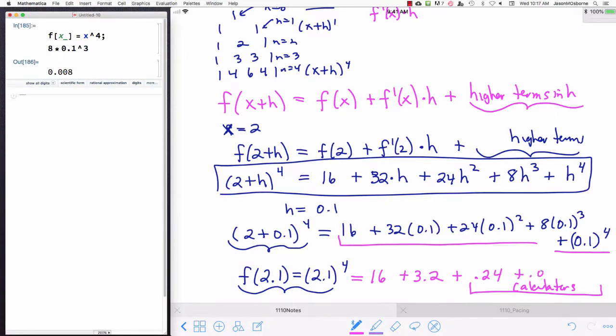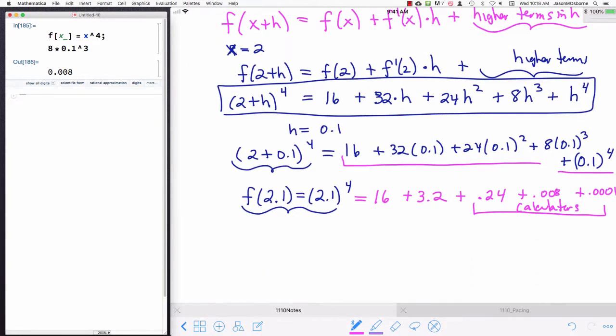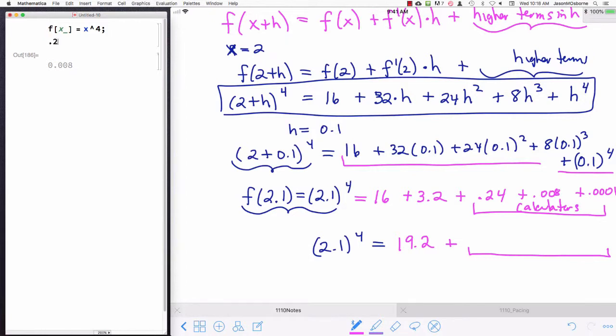And then 0.1 to the fourth is 0.0001. So now this formula on the right tells us that 2.1 to the fourth power is equal to 16 plus 3.2, which is 19.2, plus some extra stuff, the higher terms, 0.24. Let me just add those together with my calculator here: 0.24 plus 0.008 plus 0.0001, and you get 0.2481.